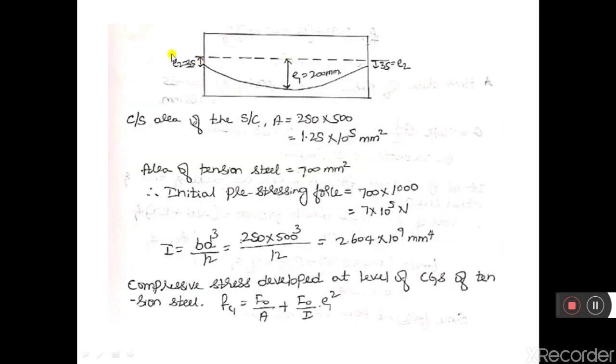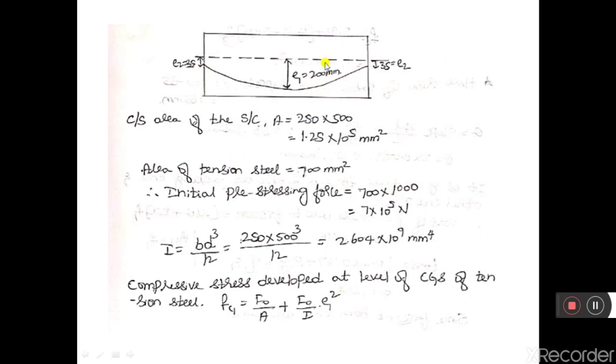See here, if I apply the initial pre-stressing force at this end, by the time this force travels to this point, there will be some loss of pre-stressing force due to friction.